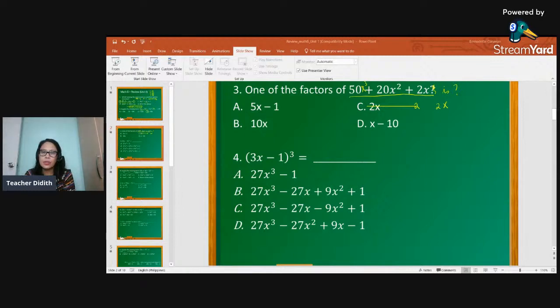I'll just proceed. So, one of the factors or the GCF for number 3. The question for 3 is one of the factors of 50x cubed plus 20x squared plus 2x is... one of the factors is the GCF 2x.